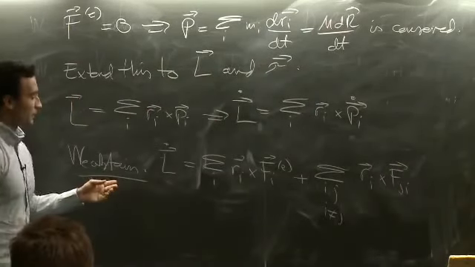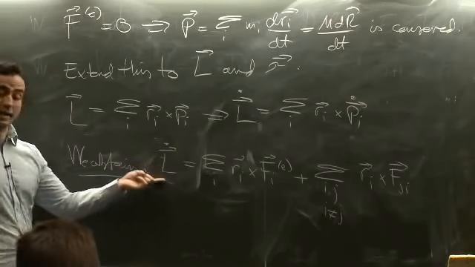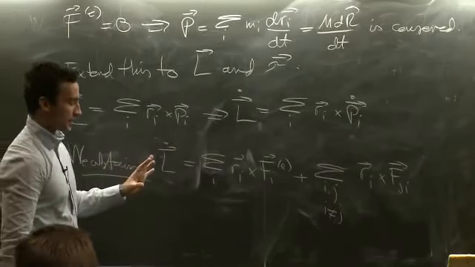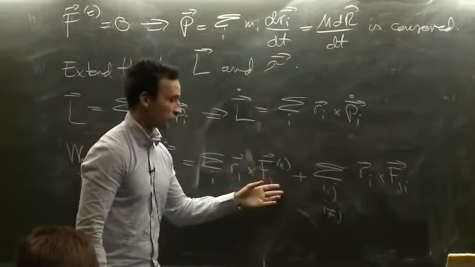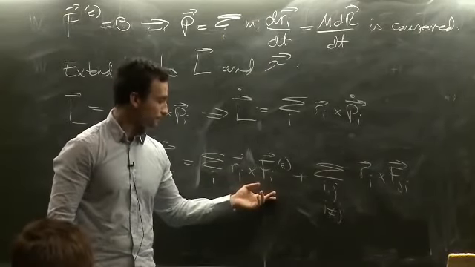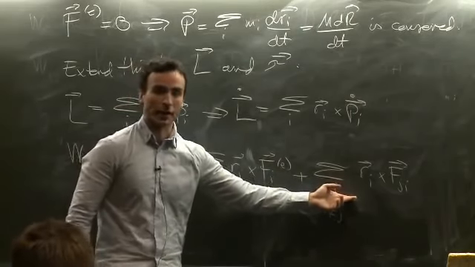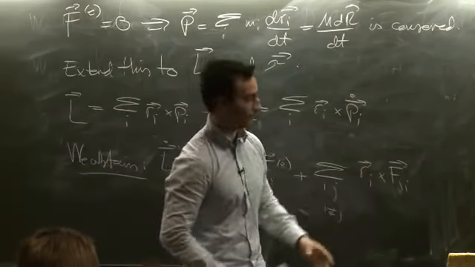And we get this. So we see it again, the time derivative of the total angular momentum in the system is comprised of a contribution here from external forces and internal forces, the interaction between the particles, F_ji.